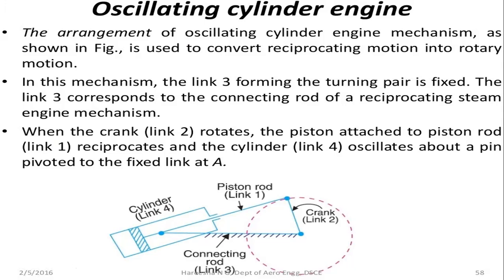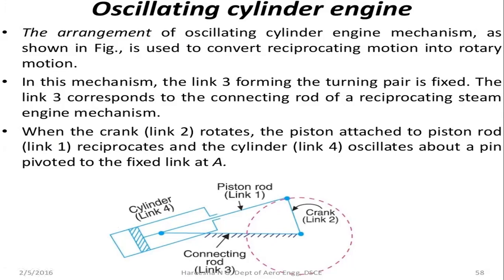When the crank, that is link 2, rotates, the piston attached to the piston rod reciprocates. This is the piston here, and it is connected to the piston rod, which is link 1. It is fixed to the piston. When the crank rotates, this piston rod moves in the forward and backward direction.